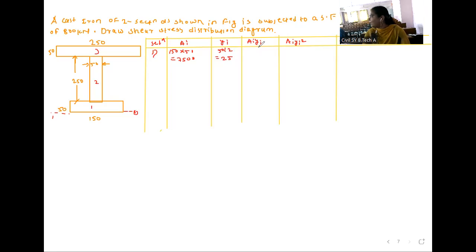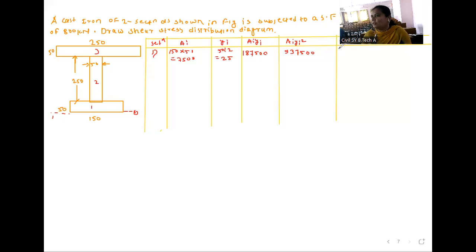After that ai yi, 7500 into 25, 187500. ai yi square, 25 square is 625 into 7500, 4.69 into 10 raised to 6.